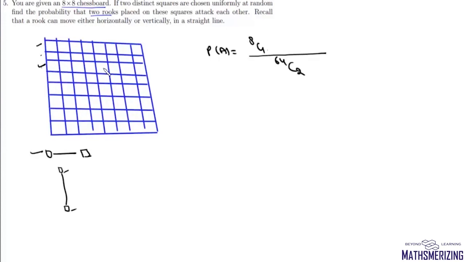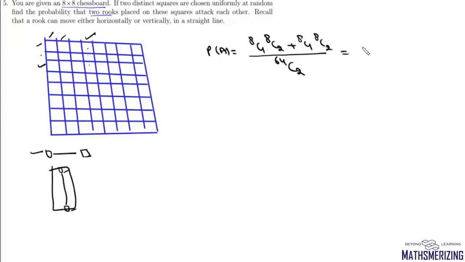So from these 8, we need to select any two squares, and it can be done in 8C2 ways. Now plus, we can also place these rooks vertically. Then we'll have to choose a vertical file. So we have 8 vertical files. So from these 8, again we'll select any one. So it is 8C1. And again on this selected file, we can place these rooks on any two squares, and it can be done in 8C2 ways.